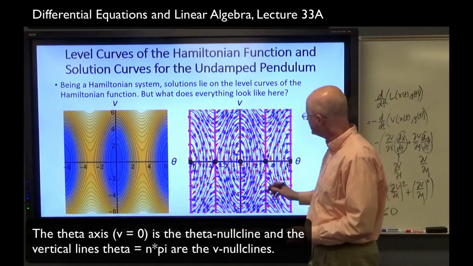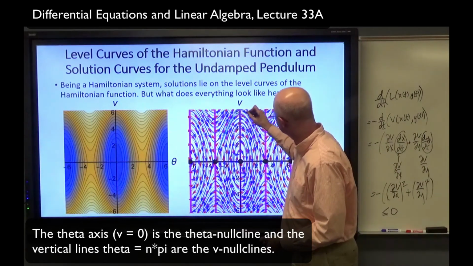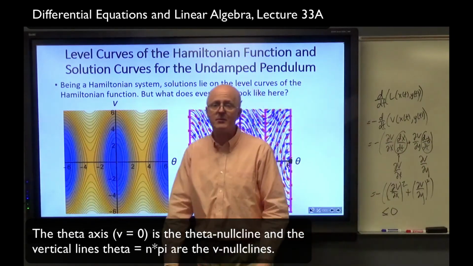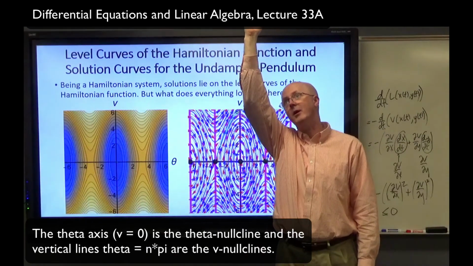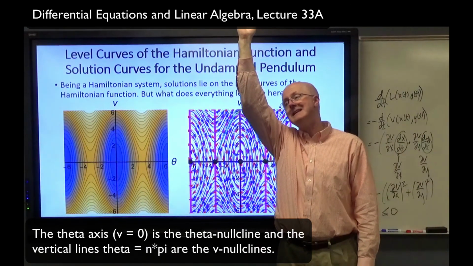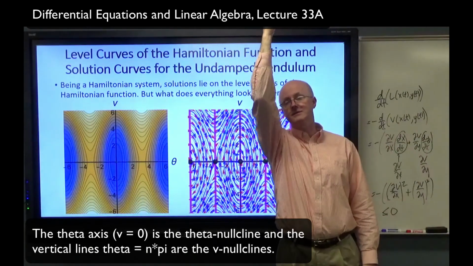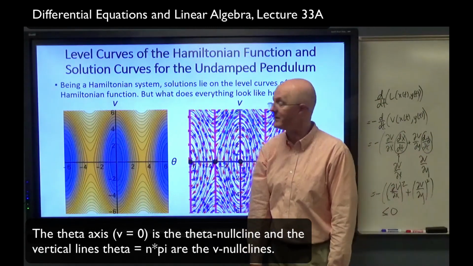There are separatrices. In fact, there's one going from about here to there. Didn't draw it perfectly. What does that represent? That represents, oh, your mass is just barely past the equilibrium point here, but it was really close. And then all of a sudden it goes like that, and it comes back really close to where it started, and it never comes back down either. You'd never observe that either in real life.